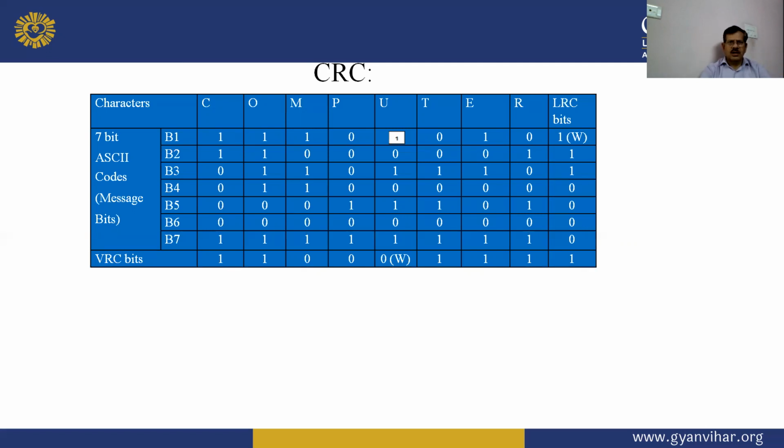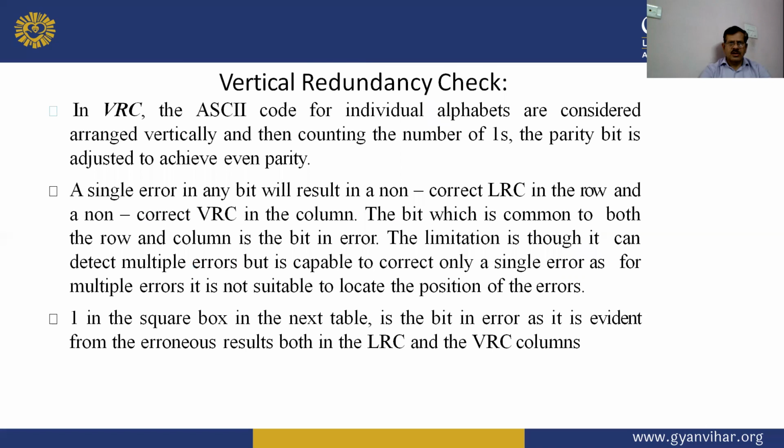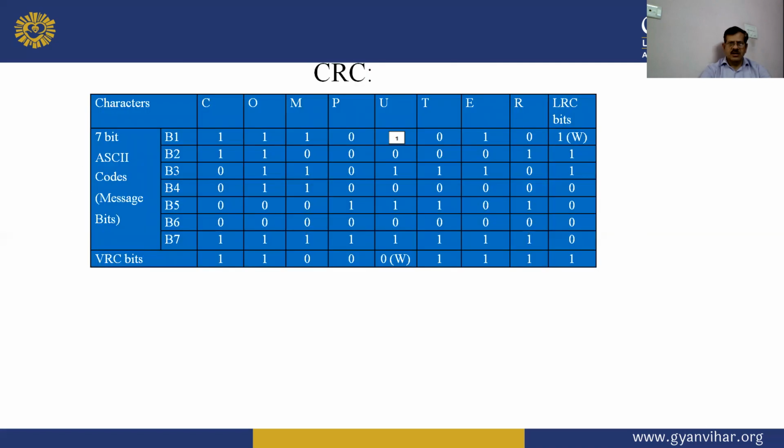This is the explanation of the technique where the ASCII codes for individual alphabets are arranged vertically and the number of ones is counted. The parity bit is adjusted to achieve even parity.